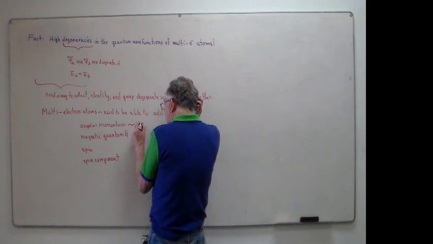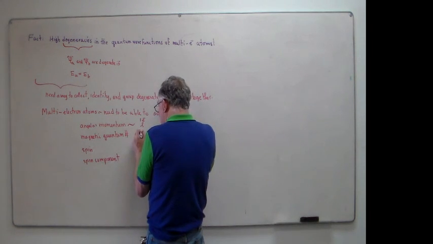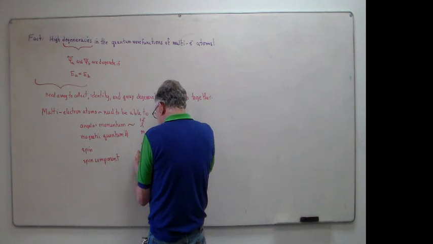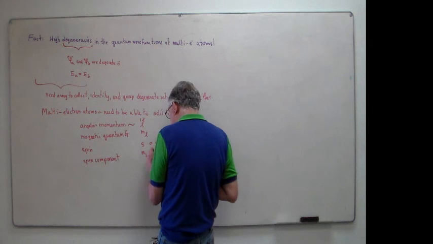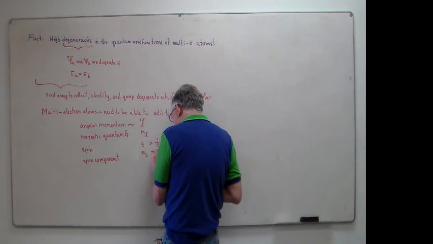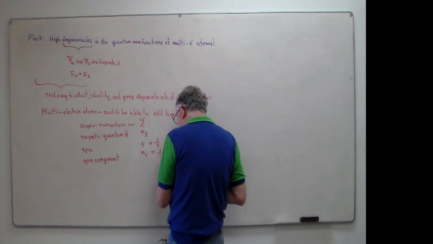So for one electron, we can have an L value, an M sub L value, an S value, and an M sub S value. S will always be 1/2, little s. M sub S will be 1/2 or minus 1/2.